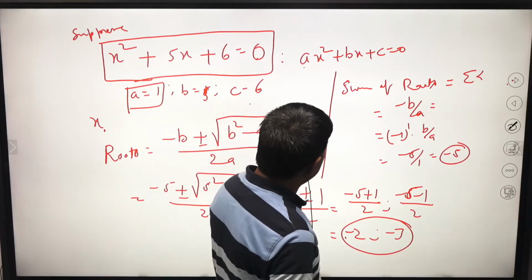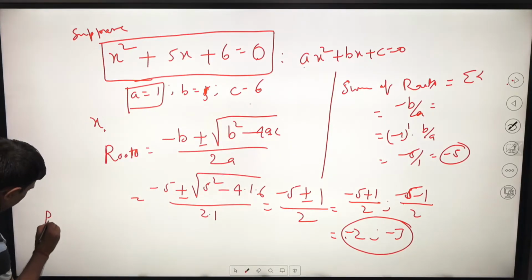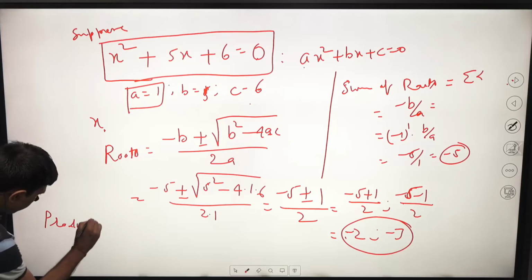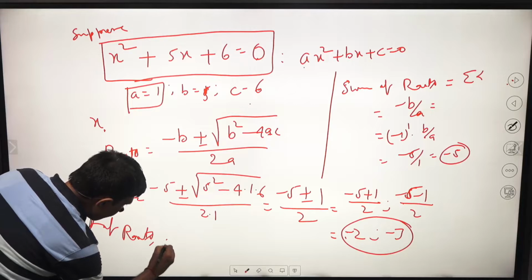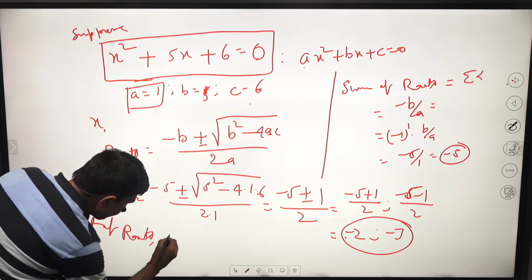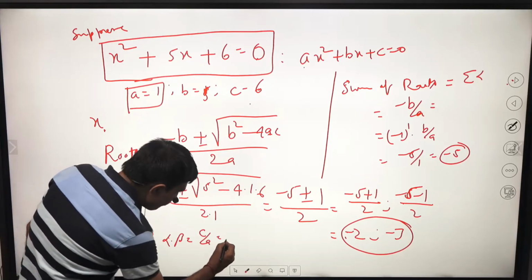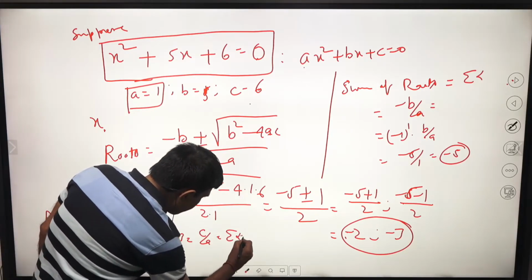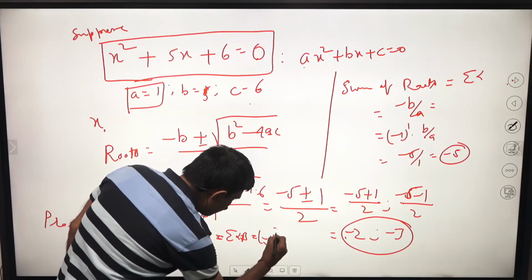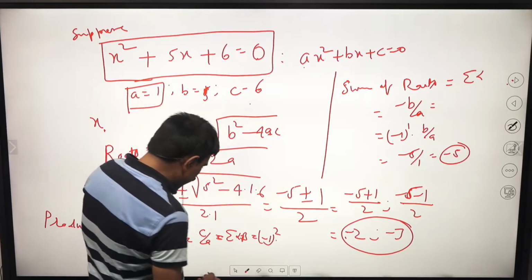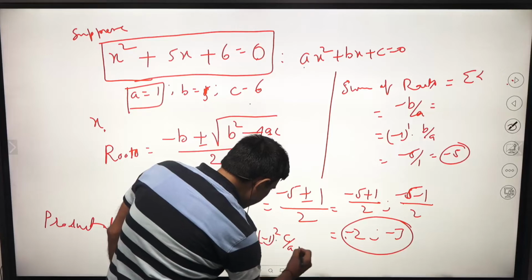The product of roots, what is the product of roots? The product of roots means alpha into beta, which is c by a. The general formula is sigma alpha into beta, in standard form: minus 1 raised to the power 2 into c by a, that gives the positive sign.